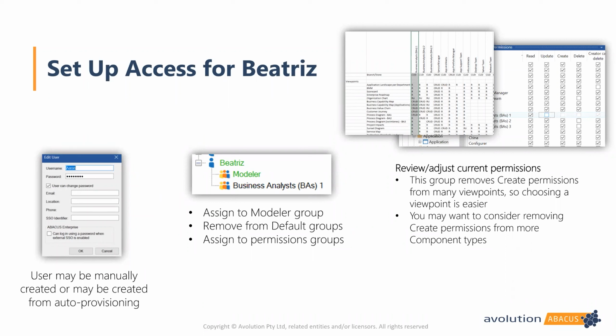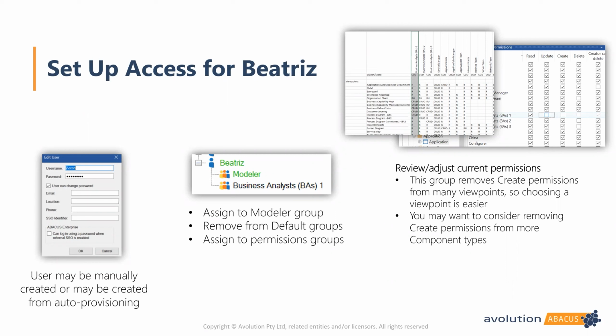The only ones that have create, read, update, delete, all those full permissions for this group are the ones that are directly related to business architecture. And that is perfect for this user because these other viewpoints are set to read. She is still going to be able to see the diagrams of those viewpoints, but she's not going to be able to create a diagram using those viewpoints.